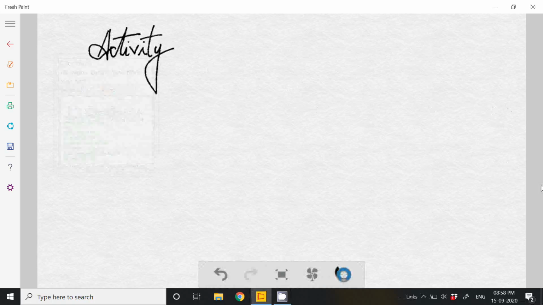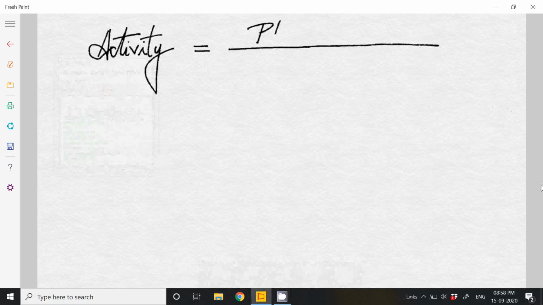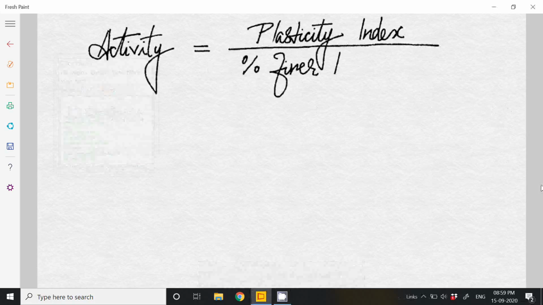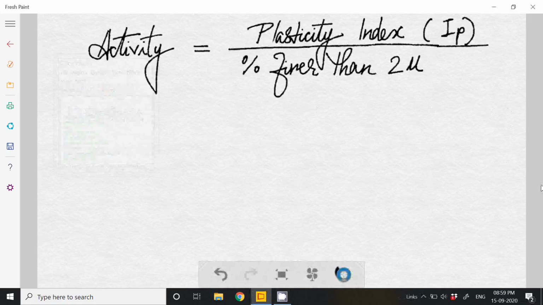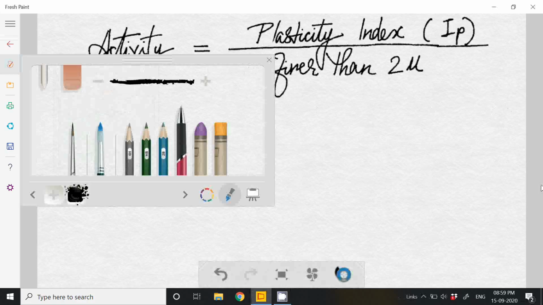And the formula for activity is plasticity index, IP, over percentage by weight finer than 2 micron.